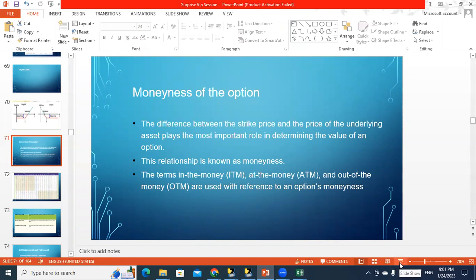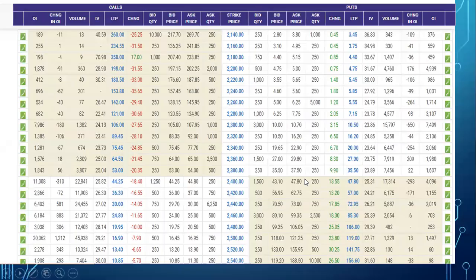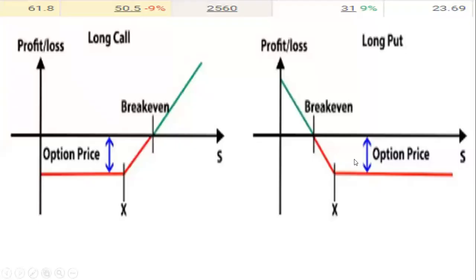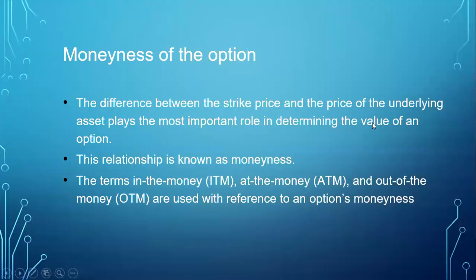Yes, thank you. So yesterday we did some basic learning about options, and one of the things which we learned about option was moneyness of the option and break-even points. Moneyness depends upon how far the option is from the current market price.